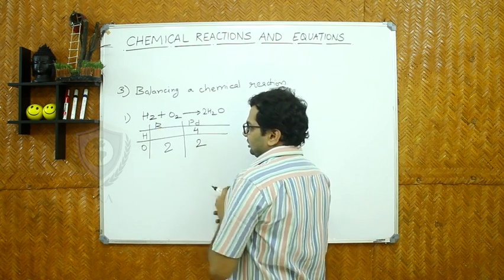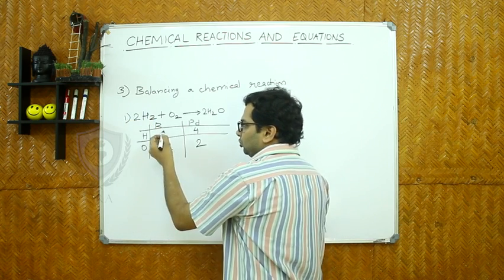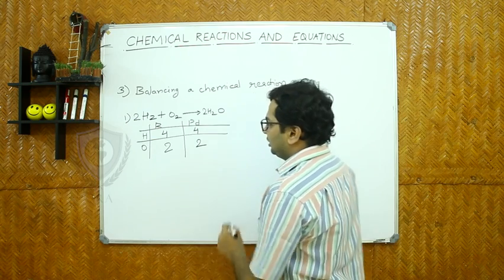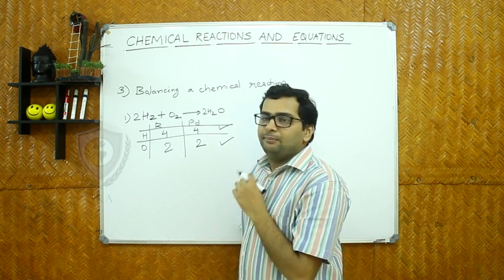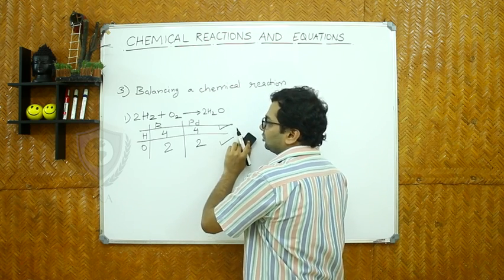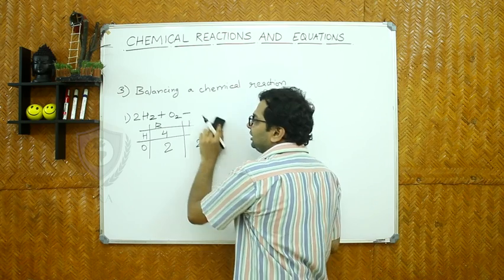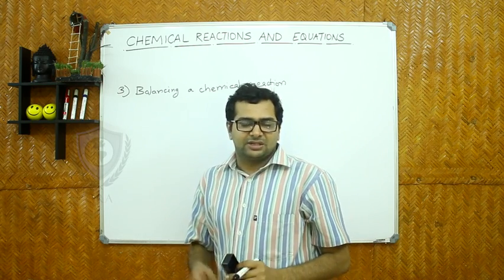So we need to change this. So we multiply the H2 with 2 and it becomes 4. So now hydrogen is 4, oxygen is 2. Now we have a balanced equation in terms of hydrogen and oxygen combining together in the presence of heat to form water, right? So that's the first example.